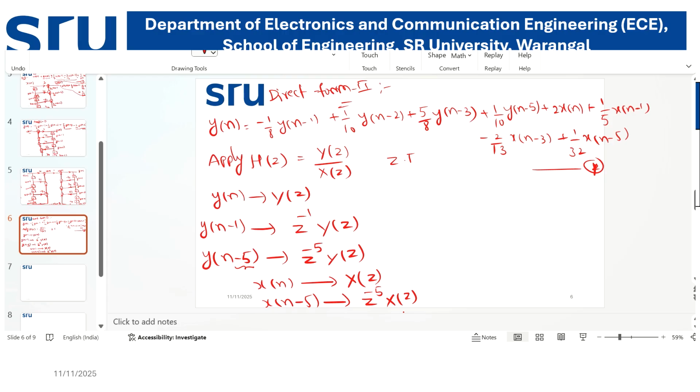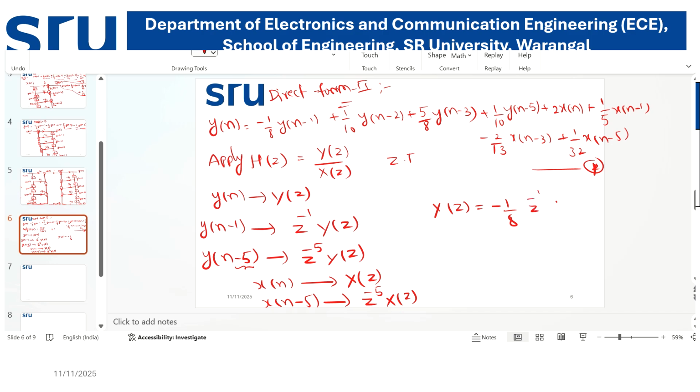Now applying the same on expression number 1, then we will have Y(z) is equal to, so constant is not at all affected by the z transformation. If we are applying the z transformation, constant will be constant itself. So this is our linear constant coefficient difference equation.